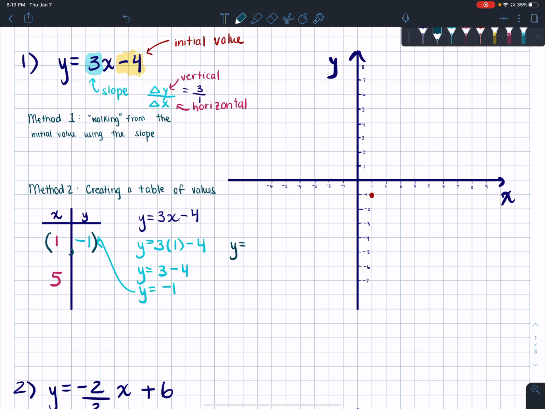So over here, I'm going to replace the x with a value of 5. And everything else is as normal. So now 3 times 5, 15. 15 minus 4, that is 11. So over here we have a value of 11 for y.